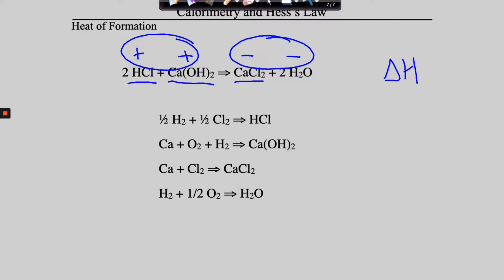And we're going to go liquid water. What is it? Negative 285.8. And so guys, again, I'm writing this down. You don't need to. This guy is negative 285.8 kilojoules.